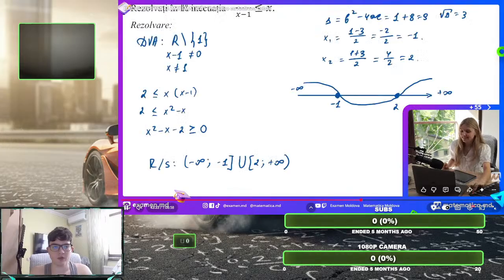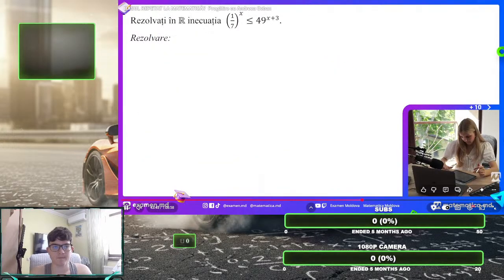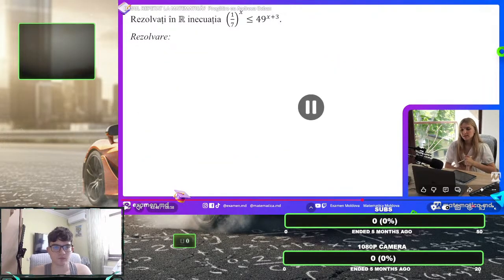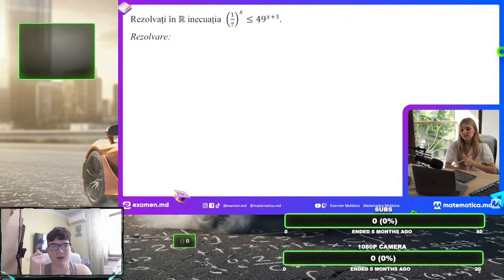Okay, so moving on from here. Some exponential stuff in equation. Like this, man. Here, I think the DVA is not necessary, as far as I know. 49, that's just 7 to the second power. And to make it the same base as 1 divided by 7, what can I do?